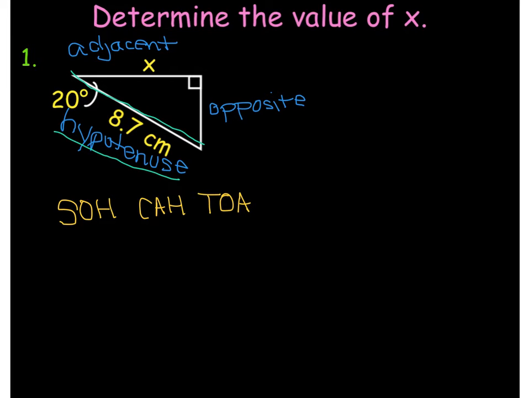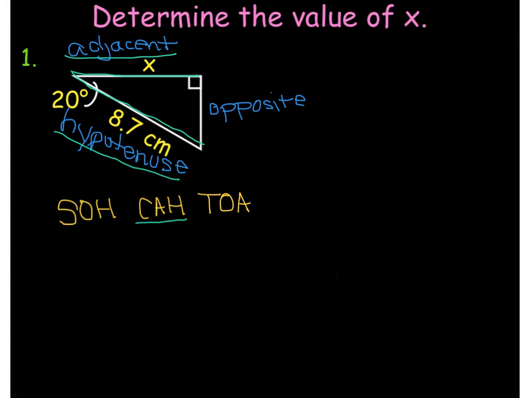And then I have my X labeled right here, which is my adjacent side. So that means I am looking for the trig function that uses the adjacent and the hypotenuse. So I'm looking for an A and an H together, which leaves me with cosine. So that means when I go to develop my equation for solving for the value of x, I am going to use cosine for my function.